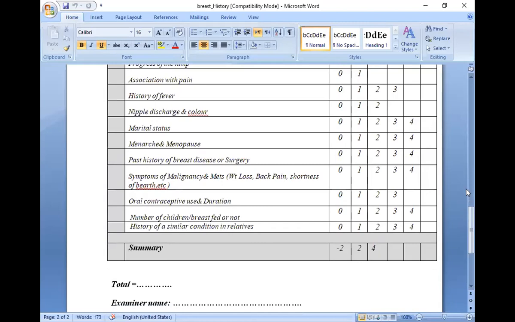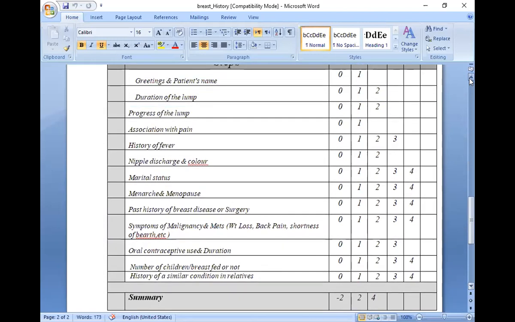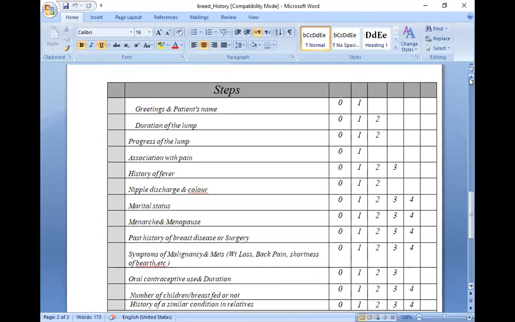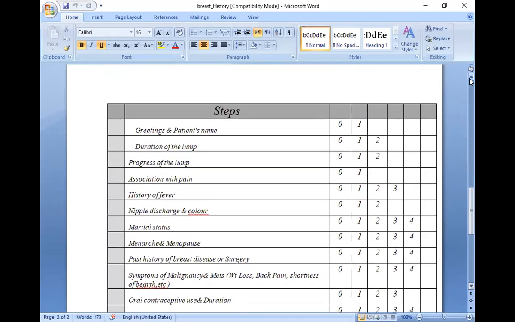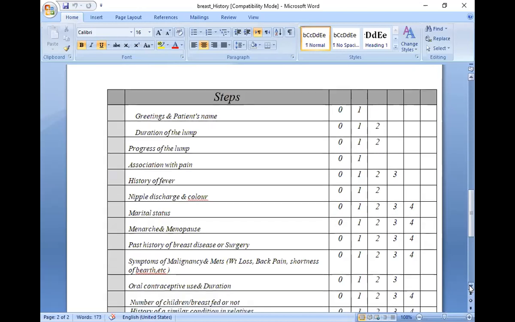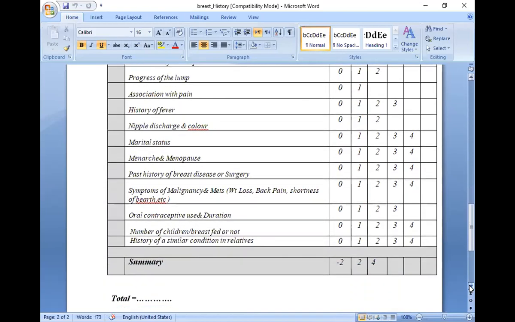Then they will calculate. The examiner just circles whether it is 0, 1, 2, 3 or 4 according to the performance of the candidate. This is an example of history regarding a breast lump.